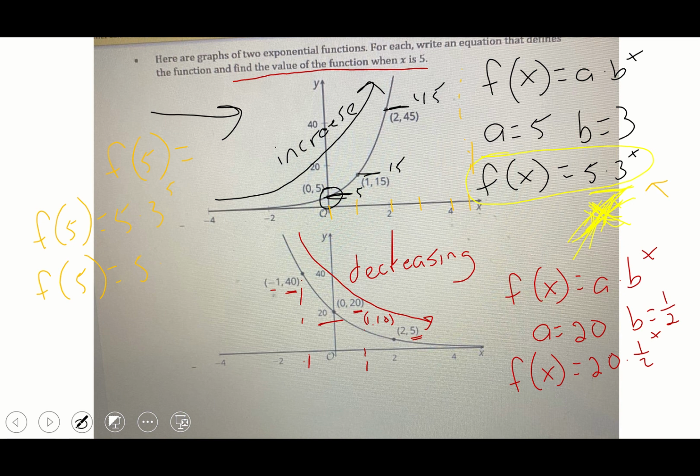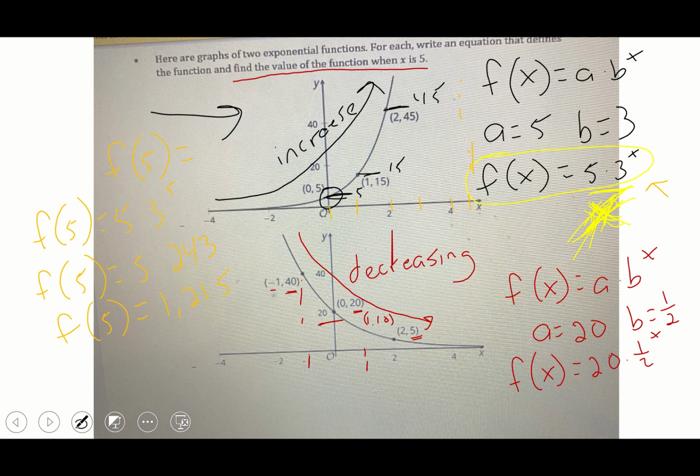I'm literally doing this live. 3 to the fifth equals 243. And then I'm going to multiply that by 5 for the next line. So f of 5 is equal to 1,215.